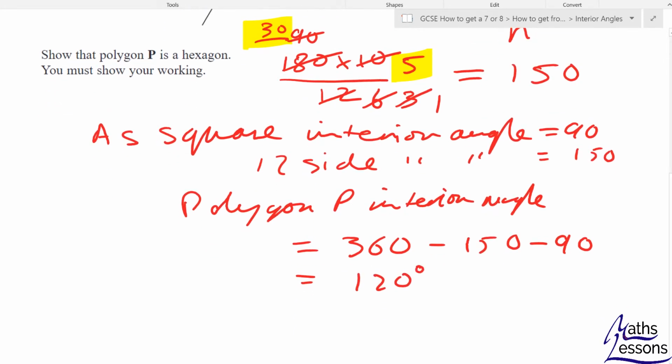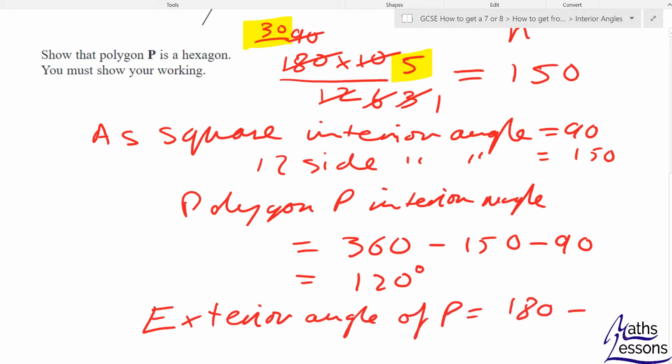So the interior angle is 120, and we know that 180 times (n minus 2) over n equals 120. Actually, an easy way to do the maths, especially without a calculator: the exterior angle of P will equal 180 minus 120, which equals 60.